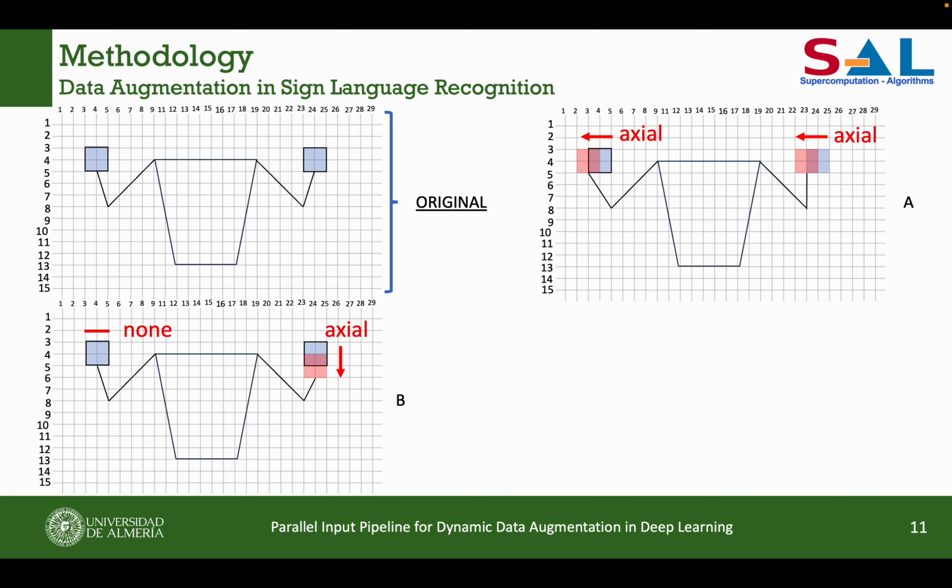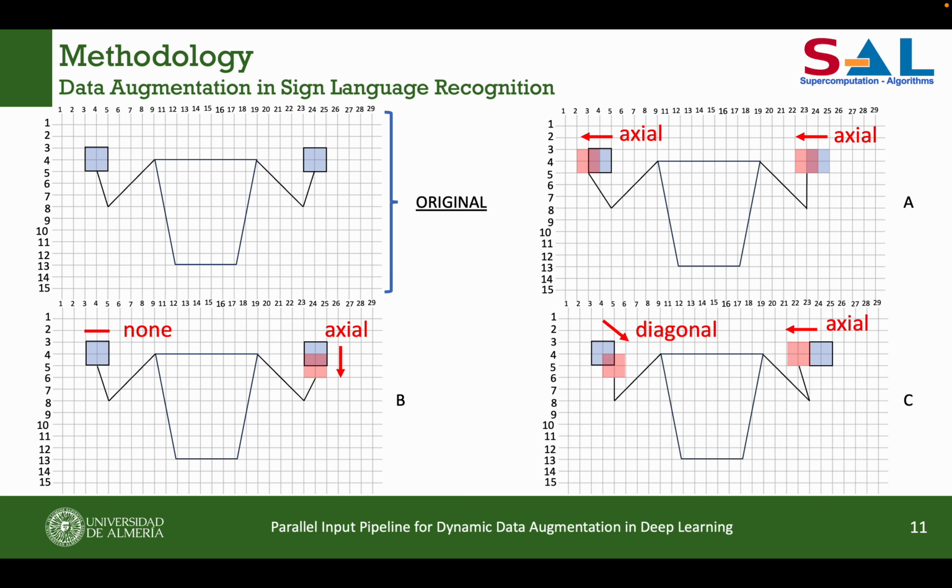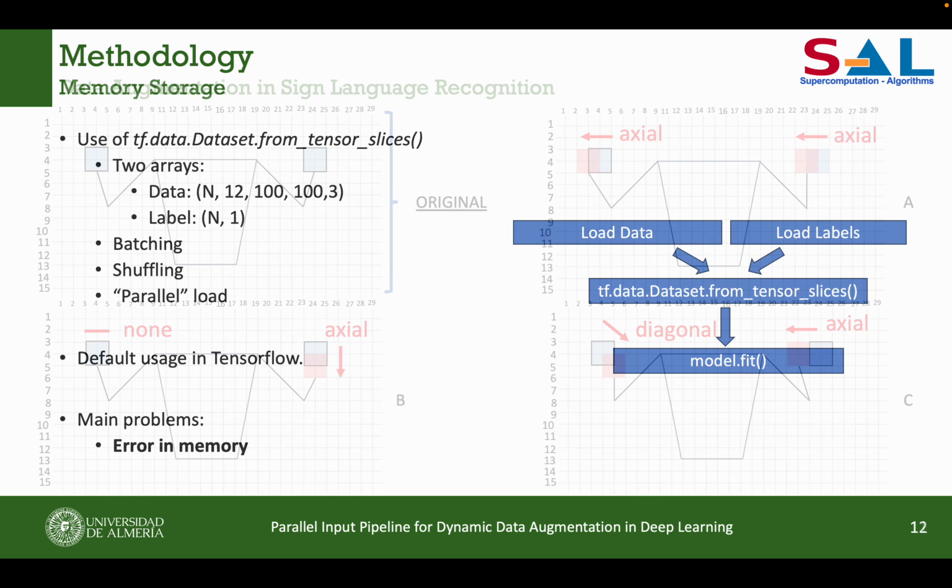Then we can move only one of the hands, for example, in the vertical axis, and the other hand remains static. And then we can have a diagonal movement of one hand and a horizontal movement. So doing all these combinations, we can have up to 81 data augmented variations for each sequence.